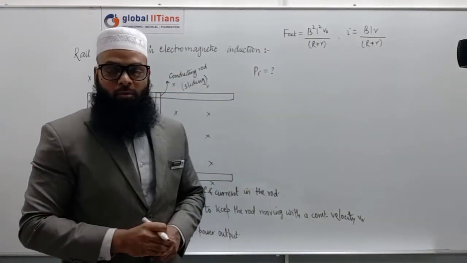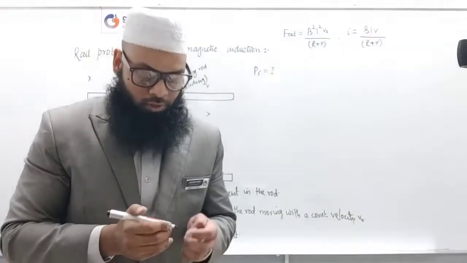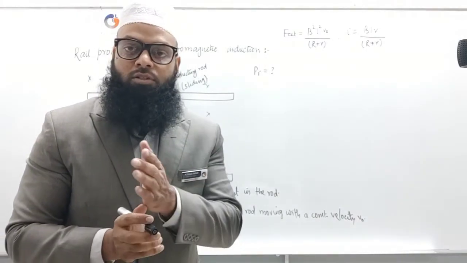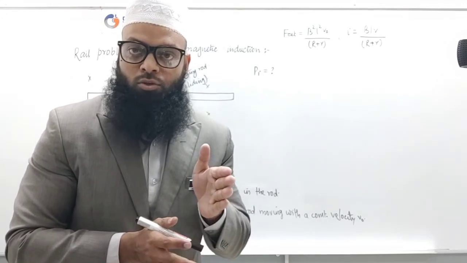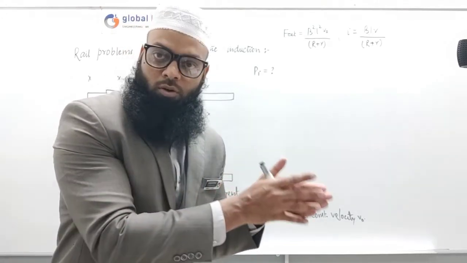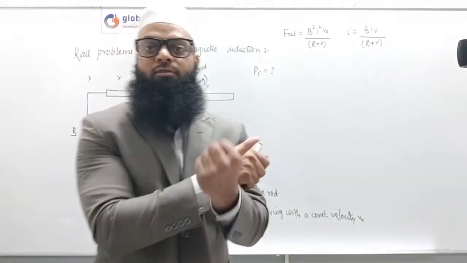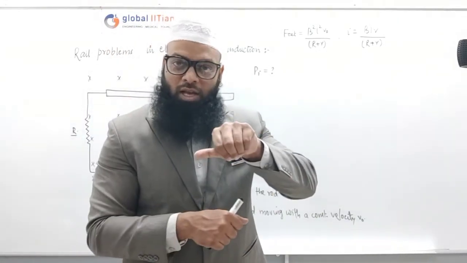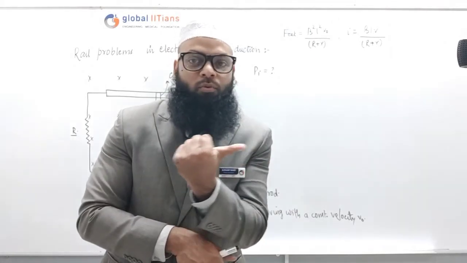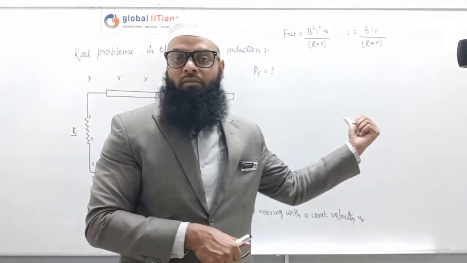See, the EMF is generated as a result of the constant velocity of the rod. Okay. When the rod is moving, it is decelerating also, and in order to keep it moving with a constant velocity, we are providing a force in this direction. Why? Because magnetic force was in this direction. So as a result of the external force that you are providing in this direction, there is some power. Okay.